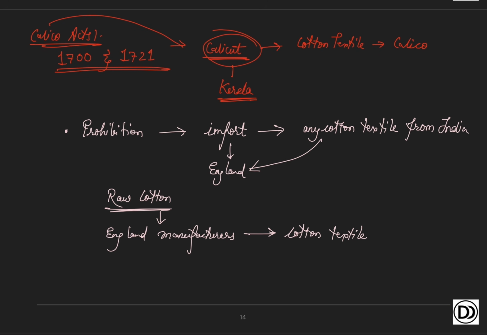So the whole idea was to stop the import of Indian cotton textile, and instead bring raw cotton from India to England so that English manufacturers could make cotton textile and sell it in England's market.